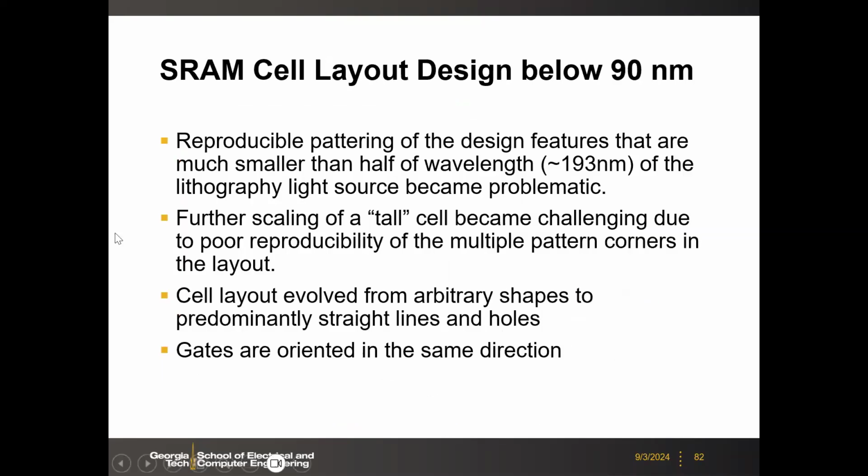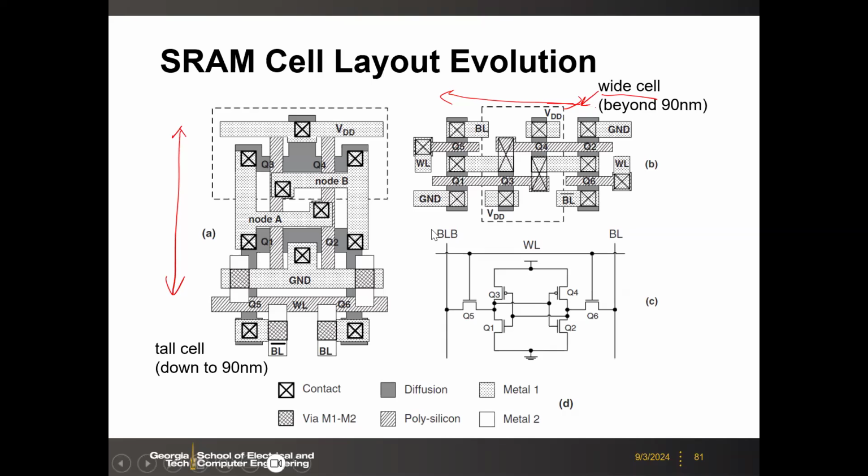Okay, so for today's SRAM cell layout, it is always this wide cell, because below 90 nanometer it's very difficult to pattern something like this, where you have wires like a T shape. You have both horizontal and vertical wires. So it's very difficult from the patterning point of view. So you want everything to be very straightforward and simple. So you always have only horizontal wire or vertical wire.